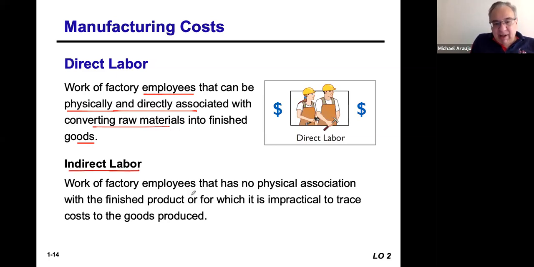Indirect labor is work of employees that have no physical association with the product, okay? And so, factory maintenance people, they're in the factory and they're cleaning things up, but they're not actually making the product. A factory supervisor or a timekeeper, they're in the factory, yes, but they're not associated physically with the product. And so there's differences between what we call direct labor and indirect labor.